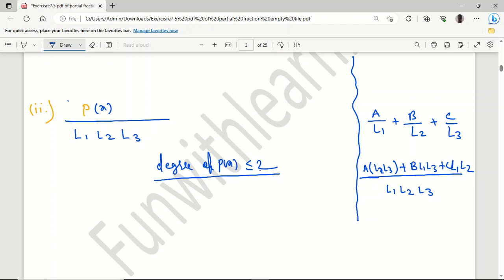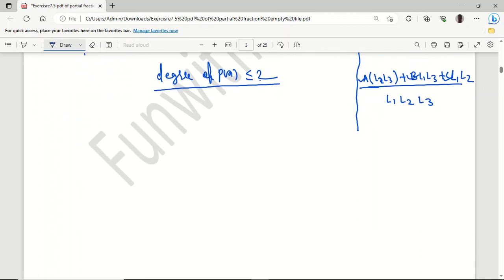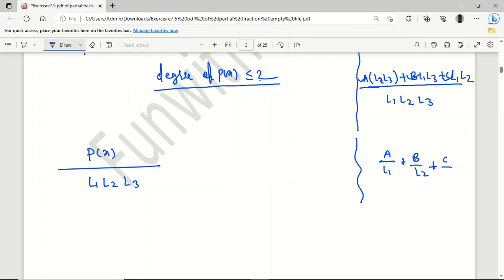Okay, so now we can easily compare and get the values of a, b, c, and write Px upon L1 into L2 into L3 as a upon L1 plus b upon L2 plus c upon L3, where Px is some polynomial, and a, b, c are constants.